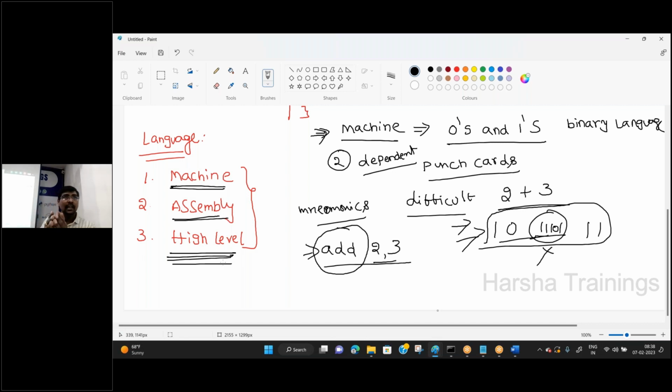There in assembly language, we are using mnemonics, that is instructions. Here in assembly language also you are using many different types of instructions. Again, it is very difficult. Again, to overcome, I am using another language, that is high level, which uses our natural language. These are the three languages that we are using.